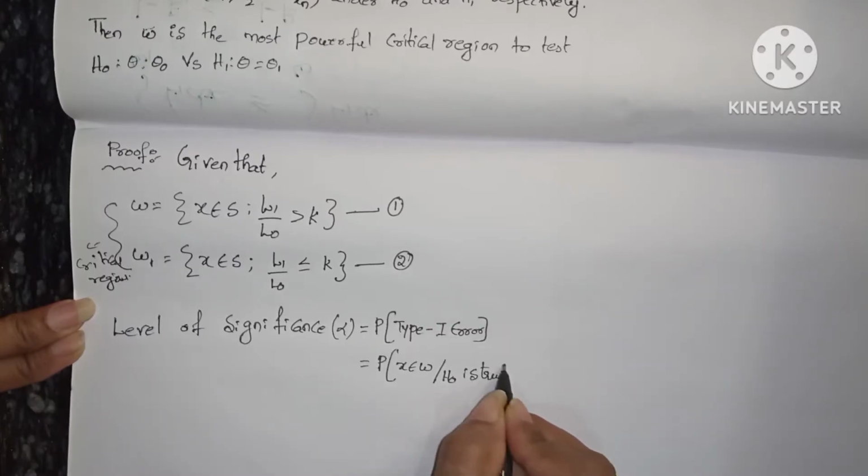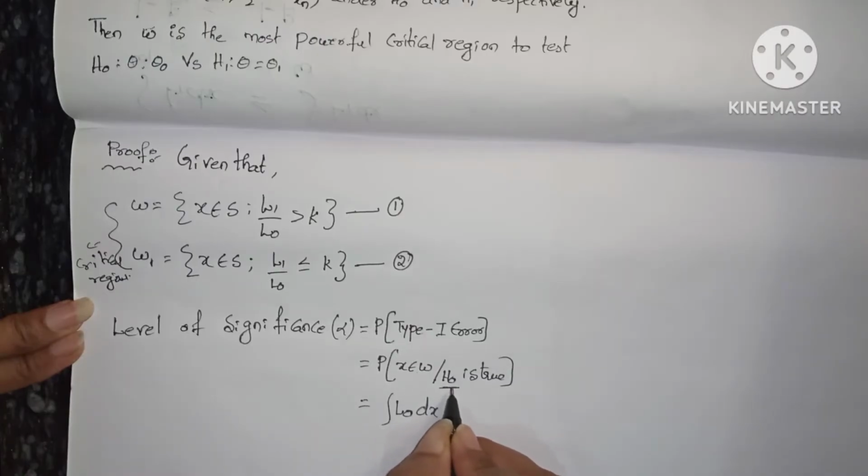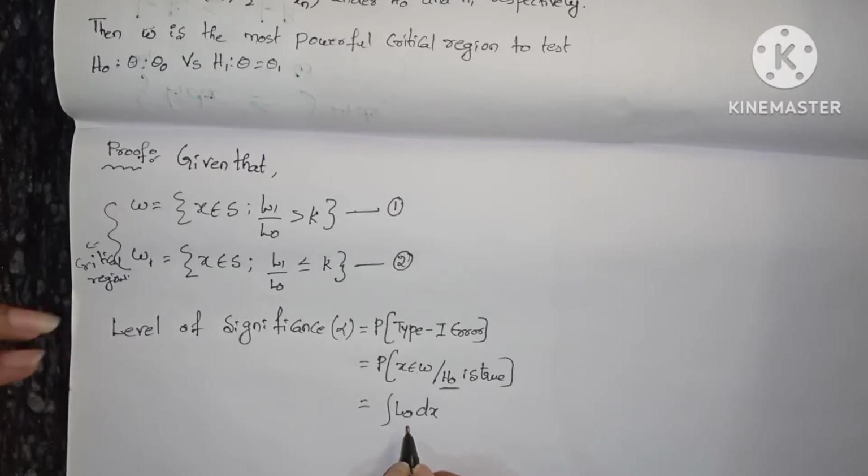That means we are taking one observation which belongs to omega where H0 is true, that is, the null hypothesis is true. So this total probability belongs to which likelihood function? The L0 likelihood function, because here we have taken the null hypothesis.